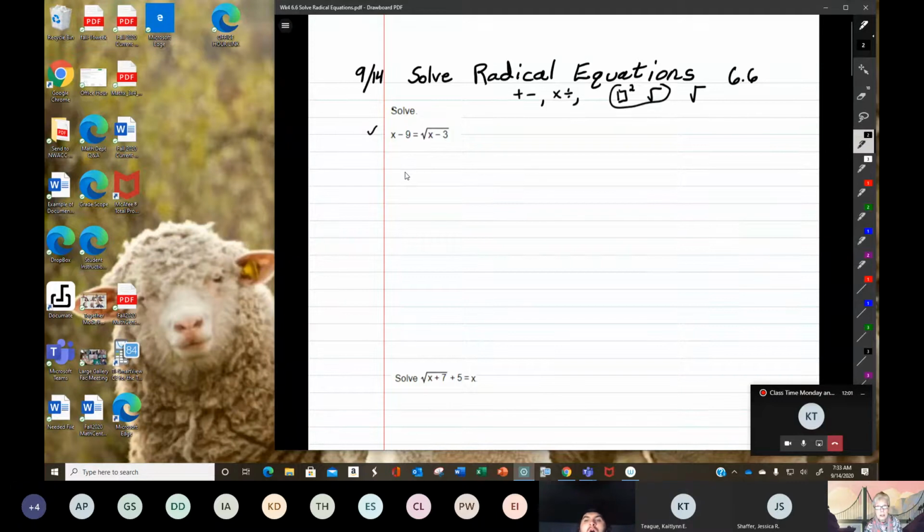So I'm stuck, but I do have an inverse operation I can use, and since it's an equation, I have to use it on both sides. So that's what I'm going to do. I'm going to square the left-hand side of this equation. And I'm going to square the right-hand side of the equation.